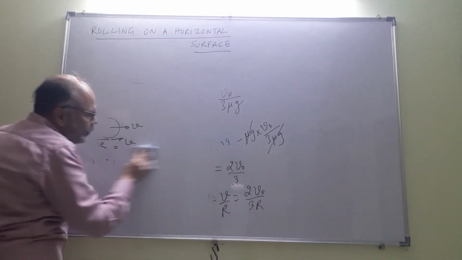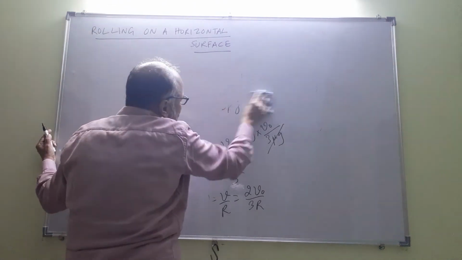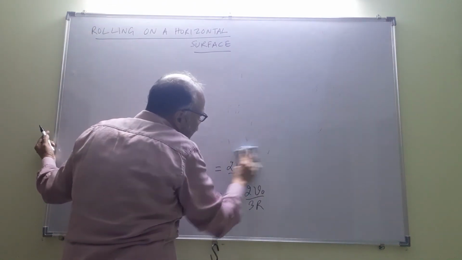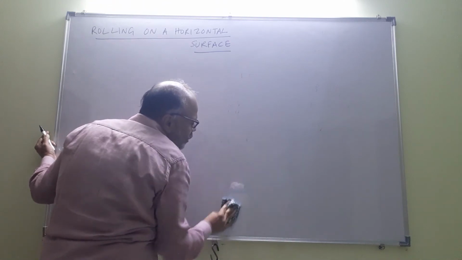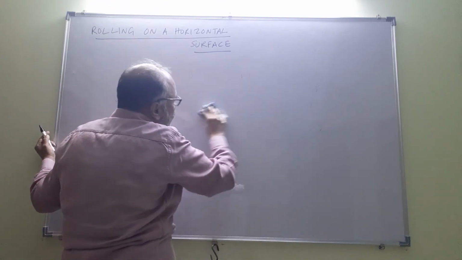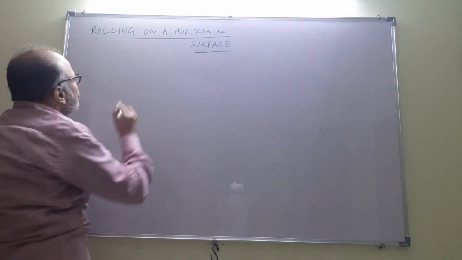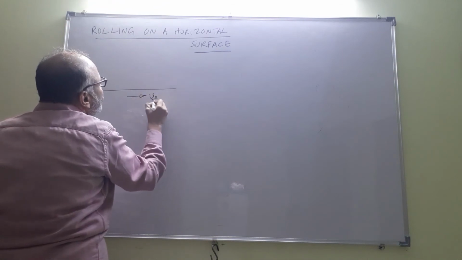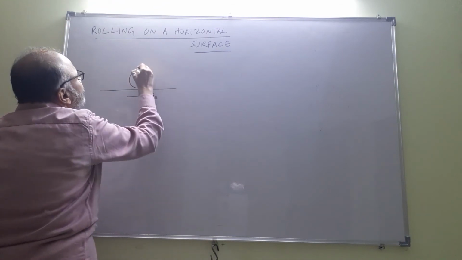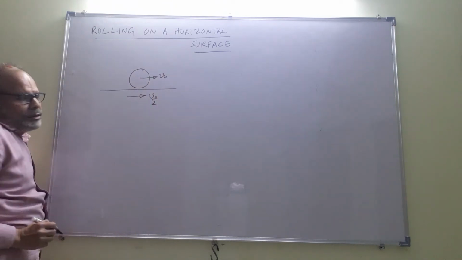Let us say it is a conveyor belt, and you place the disc and give a horizontal velocity to the disc on the conveyor belt. Let's take a situation where there is a belt and this belt is moving at, let us say, v naught by 2, and you place the disc here and give it some velocity v naught.